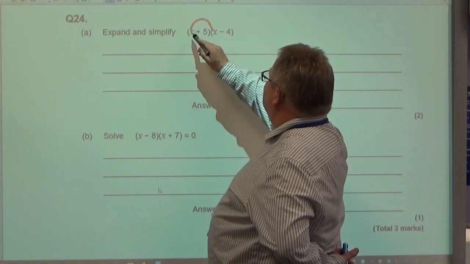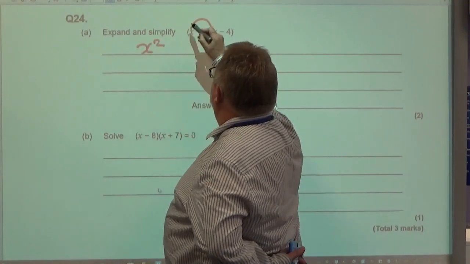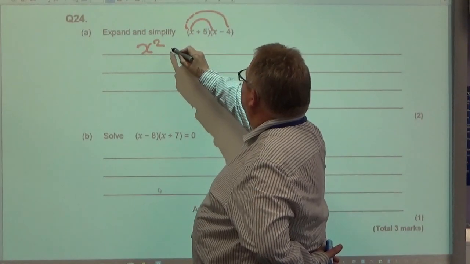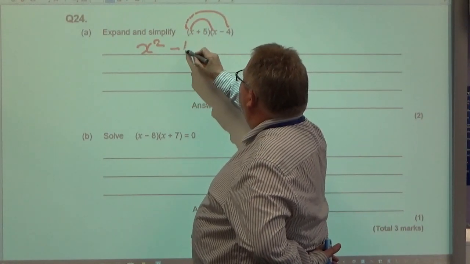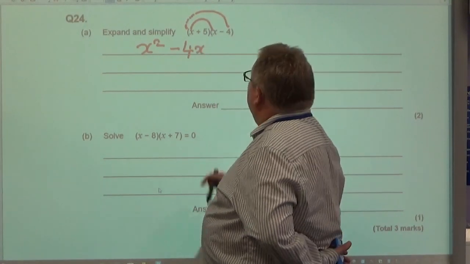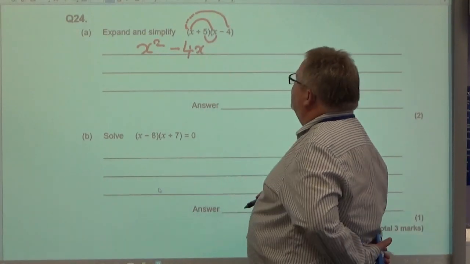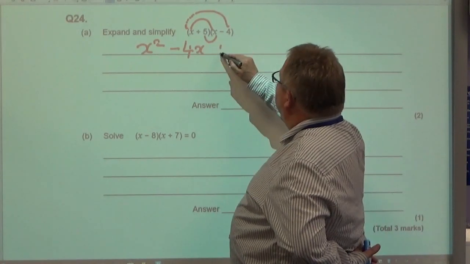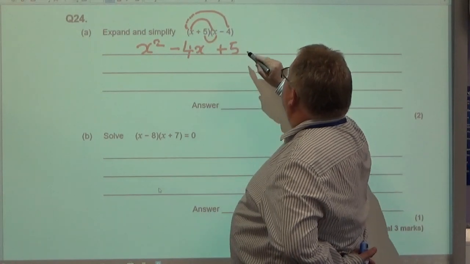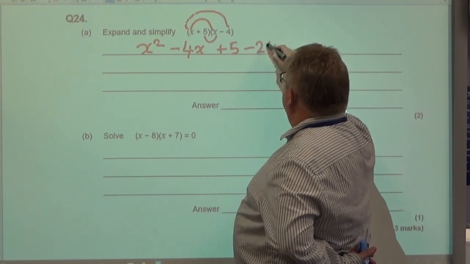So what we're doing there is x times x, which is going to give us x squared, and then we've got x times negative 4, which is going to give us negative 4x there. Then we multiply the second term by both of the other two terms in the other bracket. So that's going to give us 5x, and then 5 times negative 4 is going to give us minus 20.